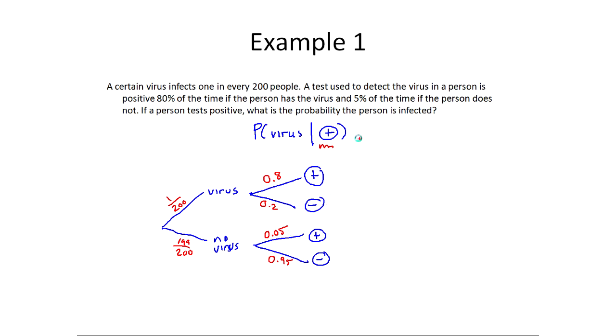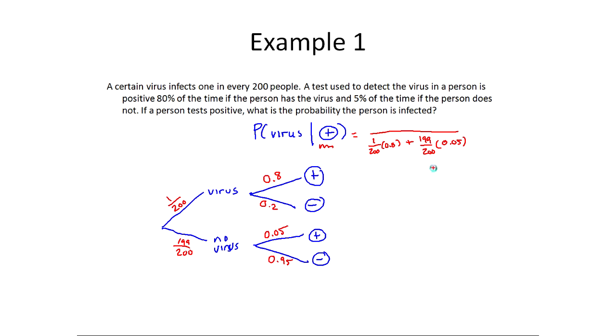So the big picture here would be virus and positive, so 1 out of 200 times 0.8, or no virus times probability of being positive, 0.05. So no virus and positive.